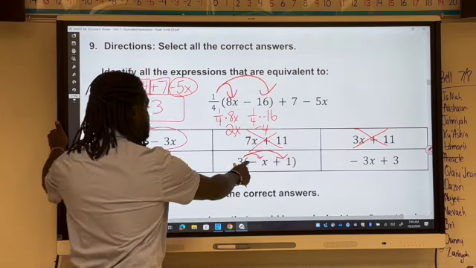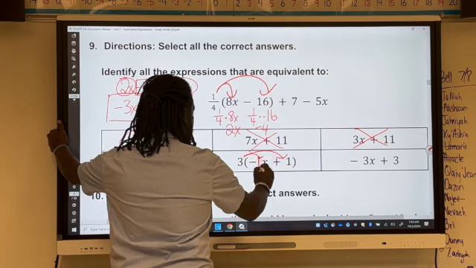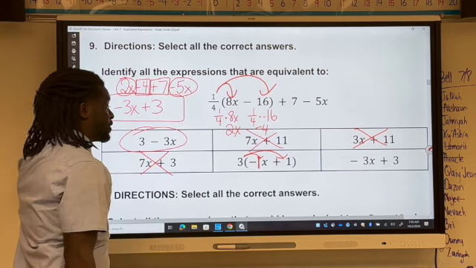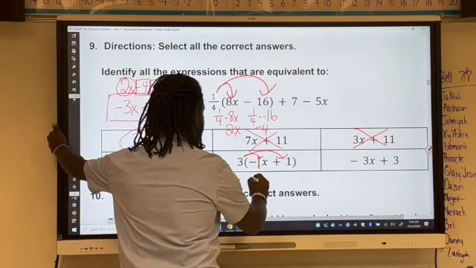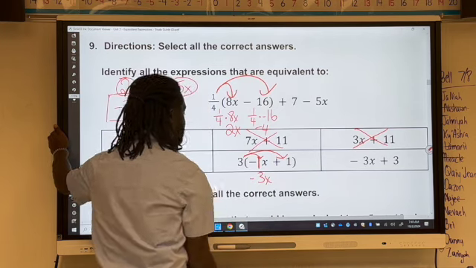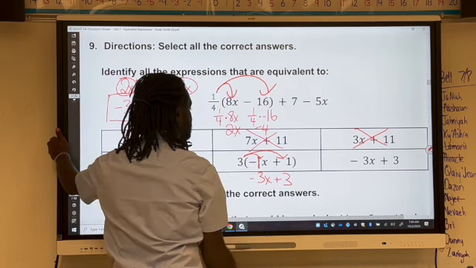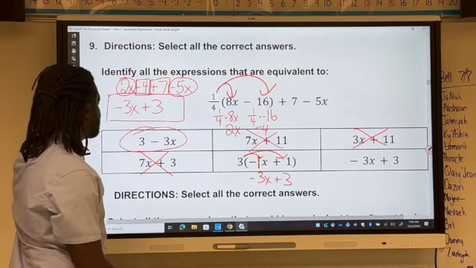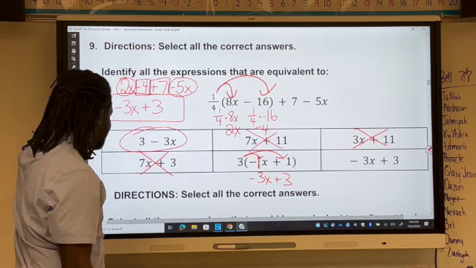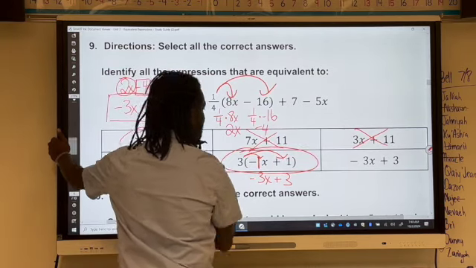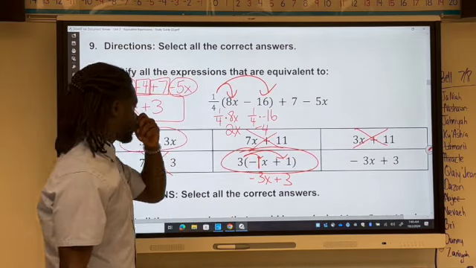Remember, there's an imaginary 1 in front of that, so 3 times negative 1 is going to give me negative 3x. And then 3 times a positive 1 is going to give me a positive 3. So is that the same? It is. And then lastly, negative 3x plus 3.